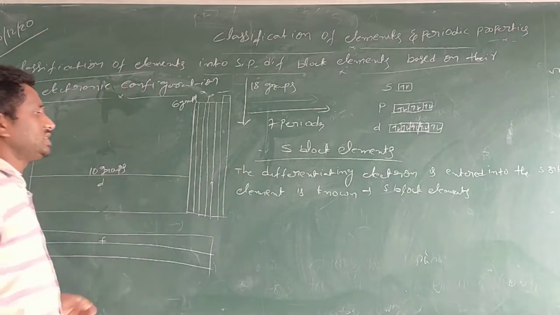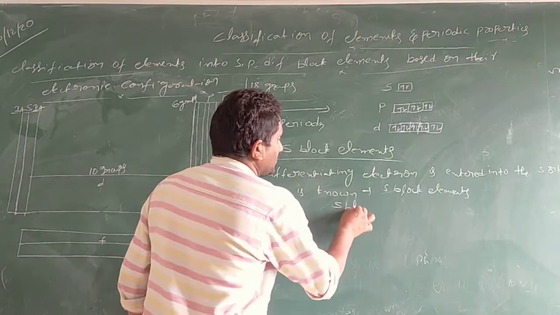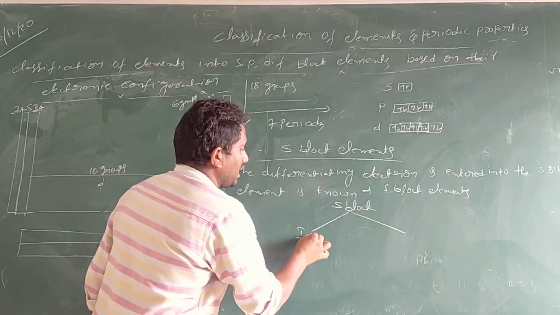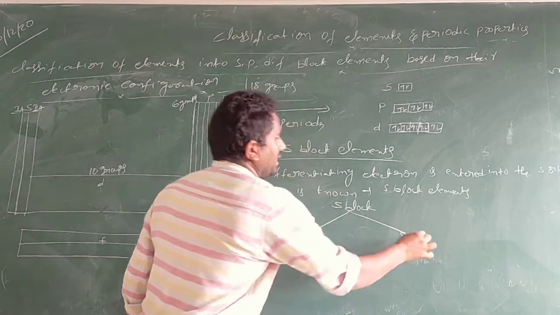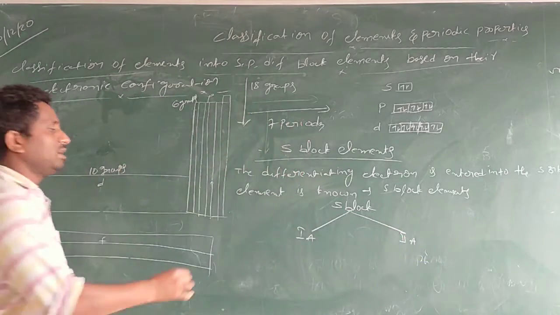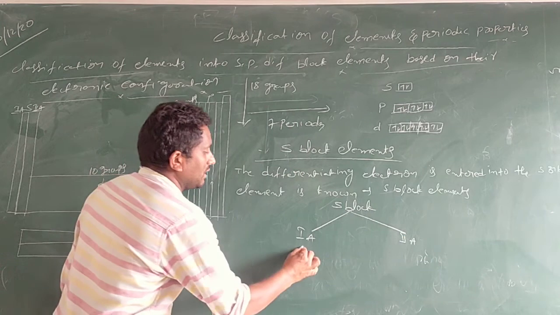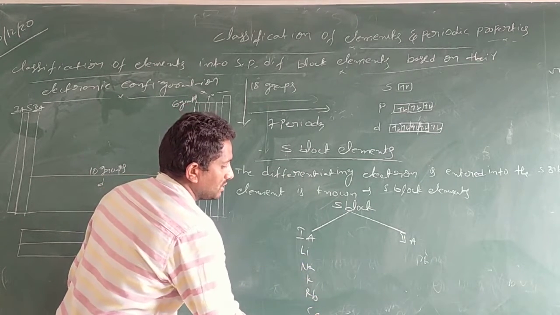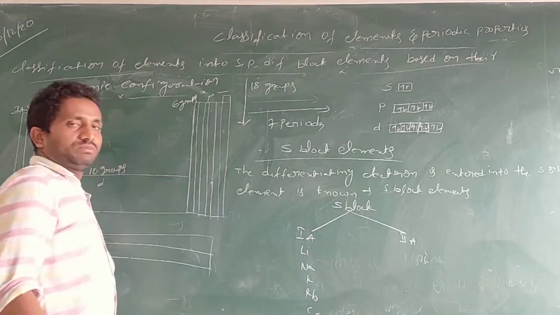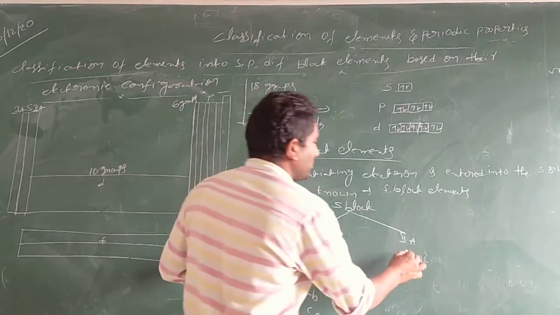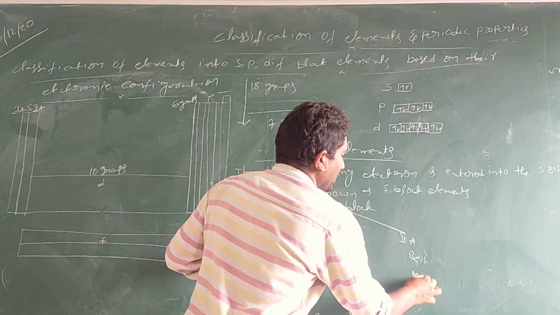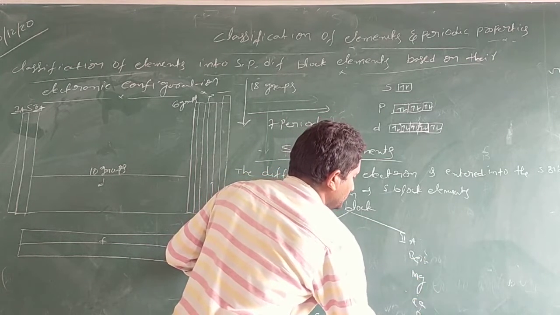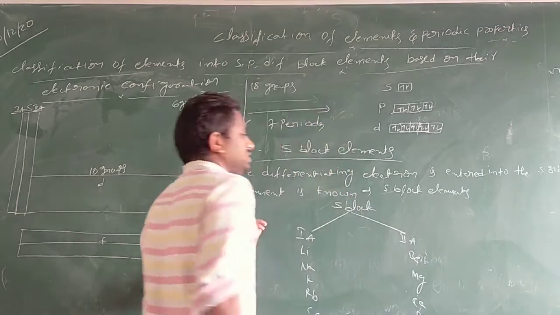So S block consists of 2 groups, first A group and second A group elements. For example, first A group: lithium, sodium, potassium, rubidium, cesium, francium. Second A group: beryllium, magnesium, calcium, barium, radium, strontium.